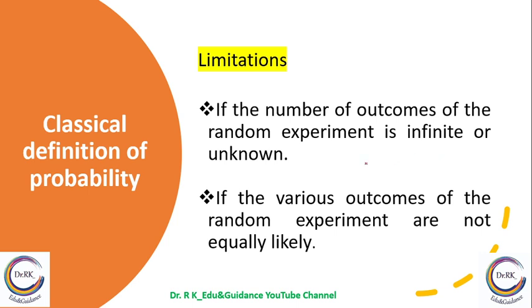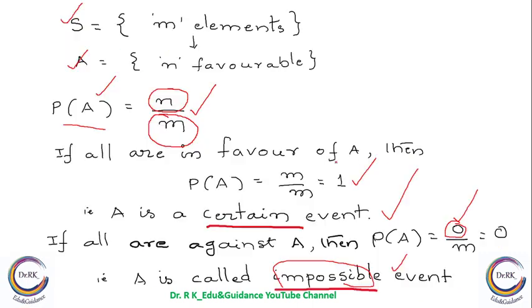Now, what are the difficulties in this definition? If the number of outcomes of the random experiment is infinite or unknown, the problem is, if this n is not known, that is one case, and the second case is, if the sample space is not finite, then it is a problem.